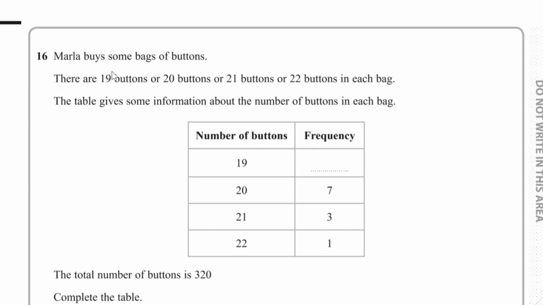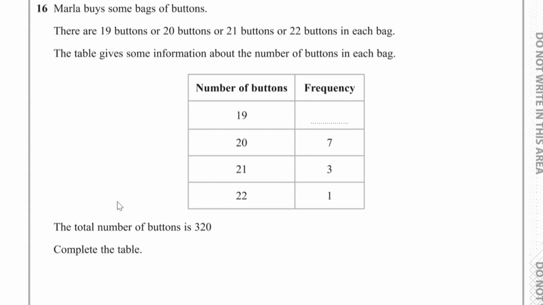Question number 16. Marla buys some bags of buttons. There are 19 buttons or 20 buttons or 21 buttons or 22 buttons in each bag. The table gives some information about the number of buttons in each bag. The total number of buttons is 320 and we have to complete the table. Well, in total we are told that we have 320 buttons.